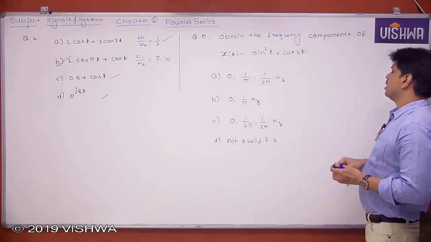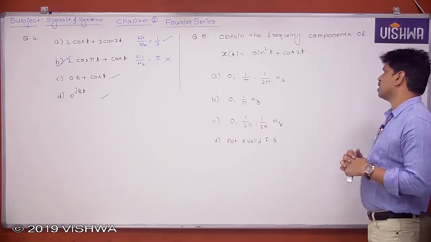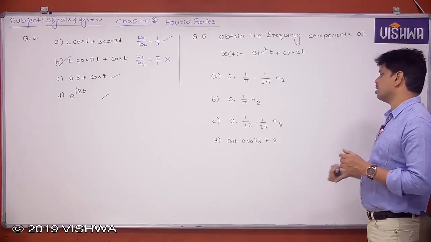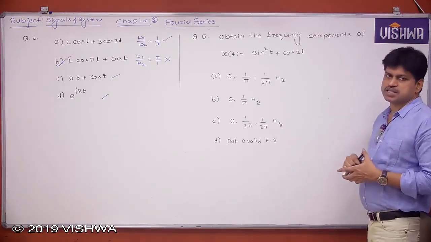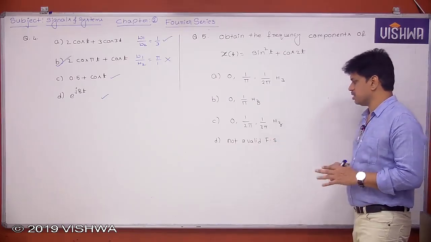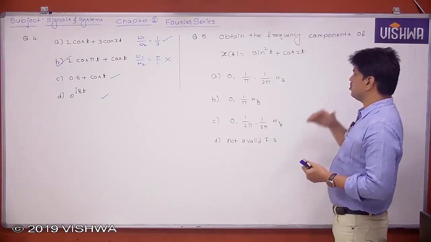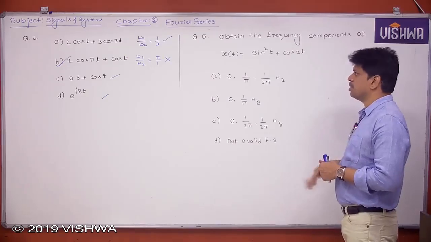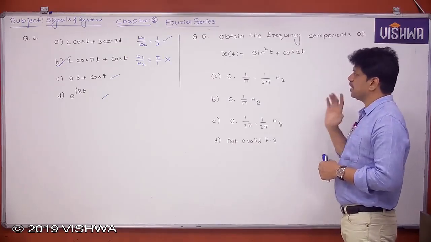By seeing sin square t plus cos 2t, many people think the answer is D, but that is not the answer. It may look aperiodic, but it is not. It is periodic. Why?